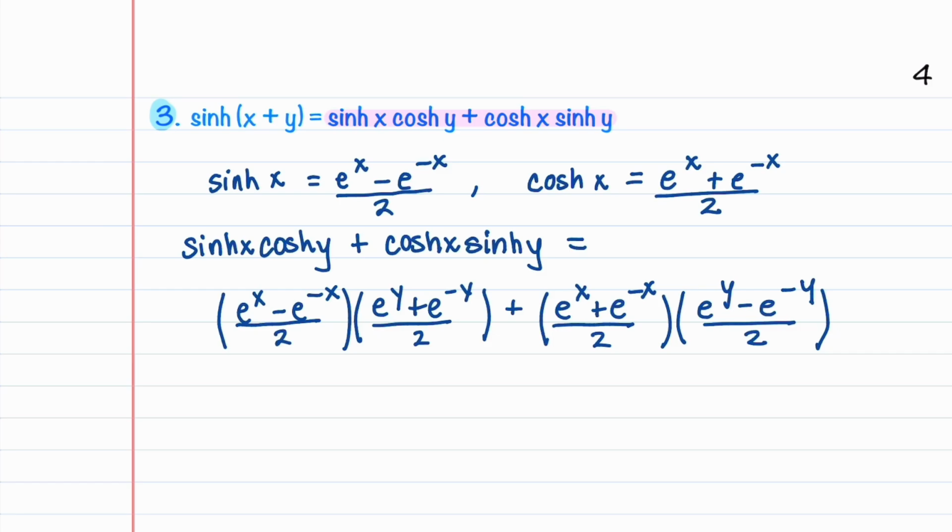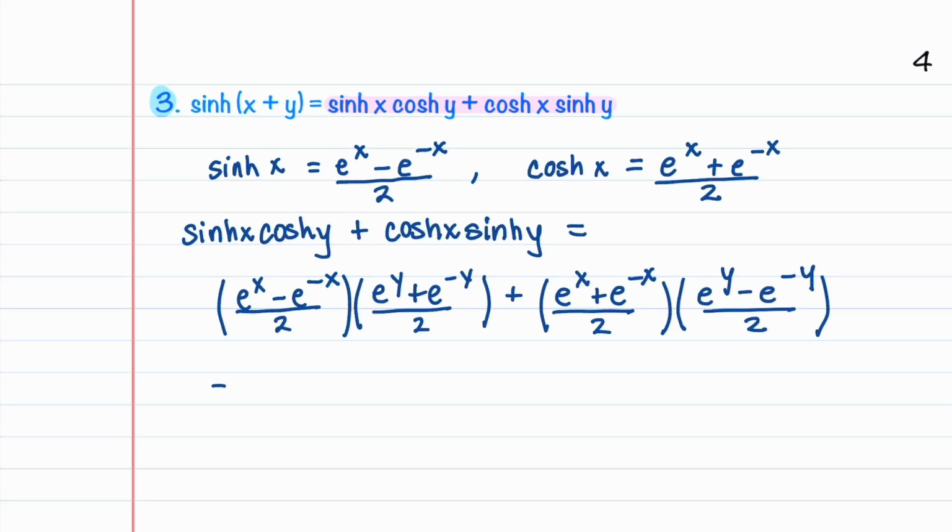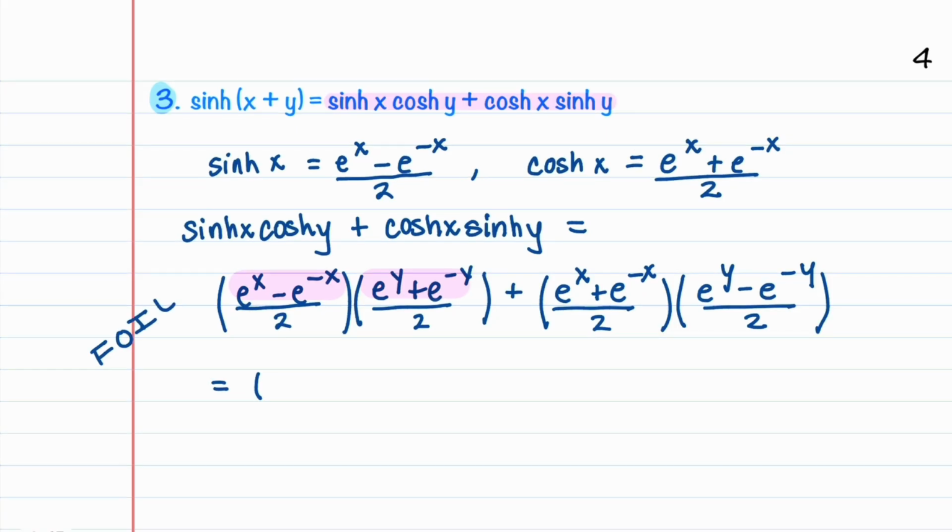Now we get to multiply all this out. Let's first multiply this term times this term, and then we'll divide it by 4. We are going to use the FOIL method. The FOIL method, I'm going to write over here, F-O-I-L. So we're going to multiply the first terms, and that is e to the x times e to the y. So we're going to add the exponents and get x plus y.